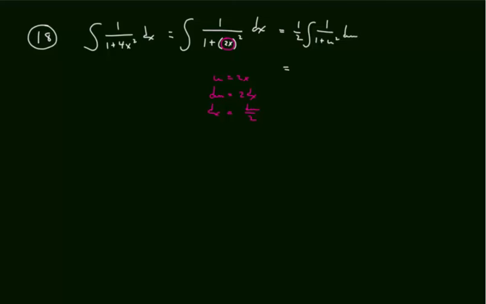This is the inverse tangent. So 1/2 inverse tangent of u plus c, or 1/2 inverse tangent of 2x plus c. We could have skipped right to that if we recognize the mini u sub.